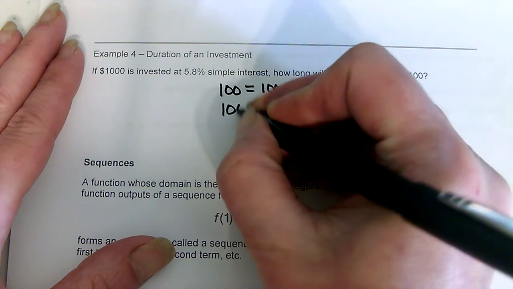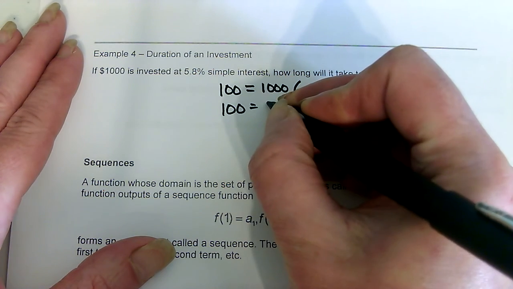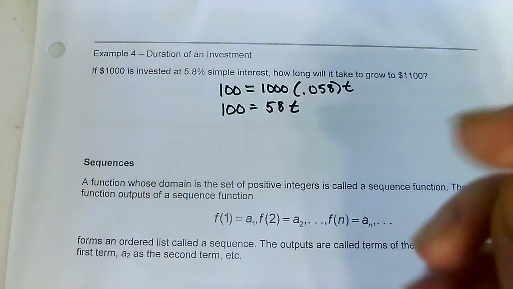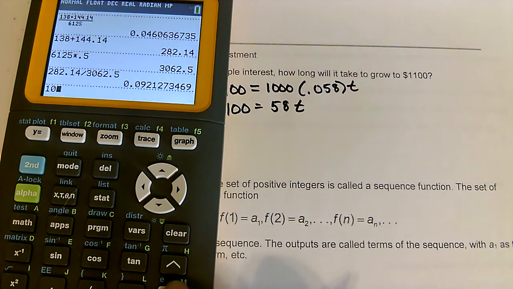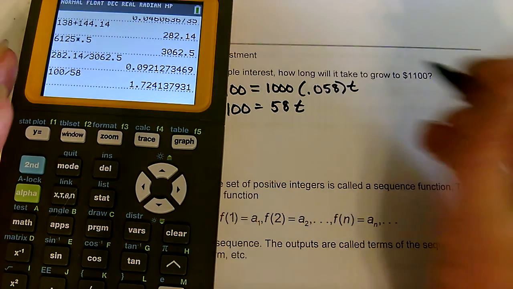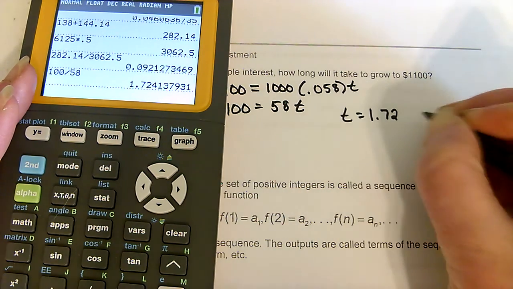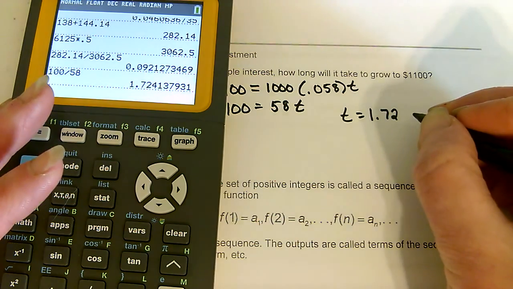So 100 equals 58t, and then we take 100 divided by 58. So our time would be 1.72 years.